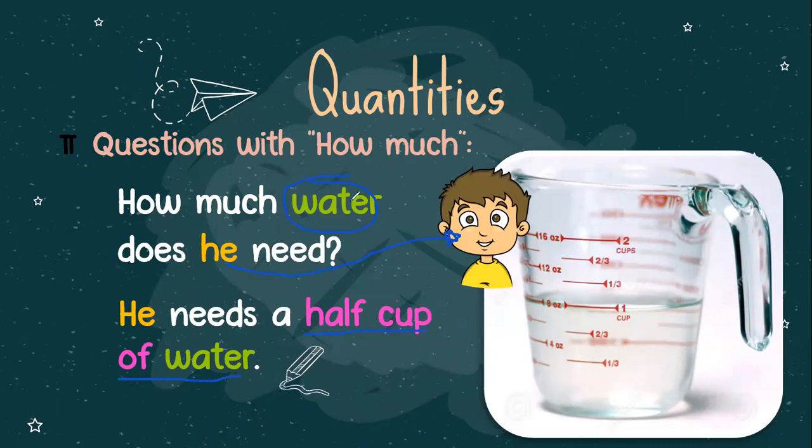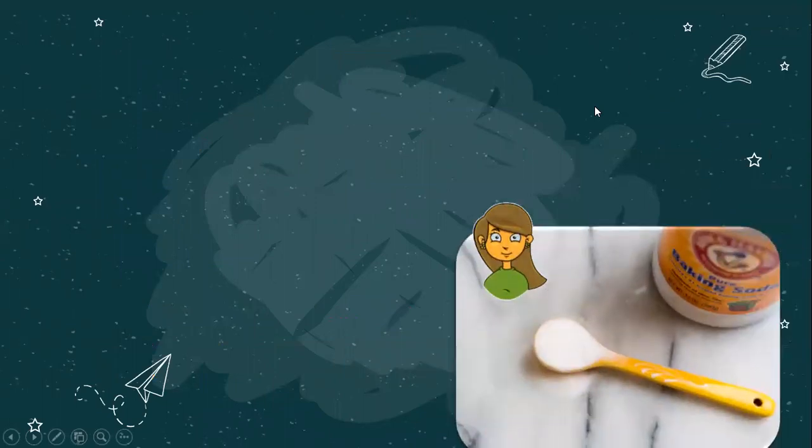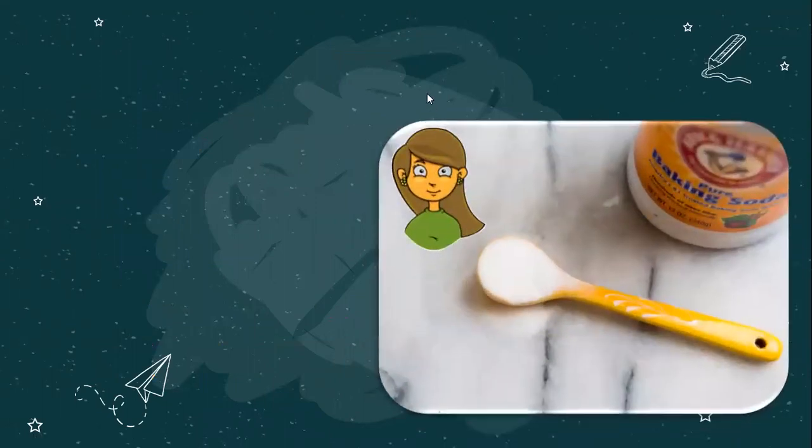So one more time. How much water does he need? He needs a half cup of water. So what else? Another example to understand this. In this case, now we can ask how much water?